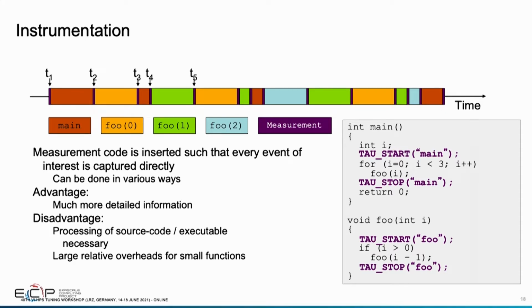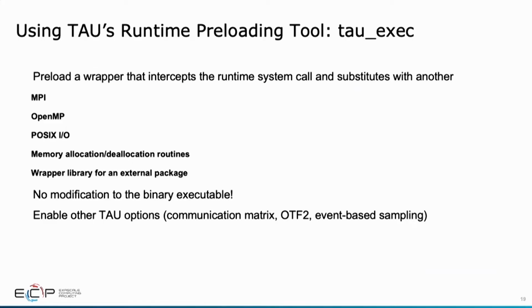You can see that lightweight functions can introduce overheads, especially if they are called frequently, but we have a way to throttle away those lightweight routines so that you can still see a meaningful profile. And we use the tau_exec tool. It can show you the time spent in the runtime calls, the calls in MPI, OpenMP, CUDA, Kokkos, all of those libraries can be instrumented.